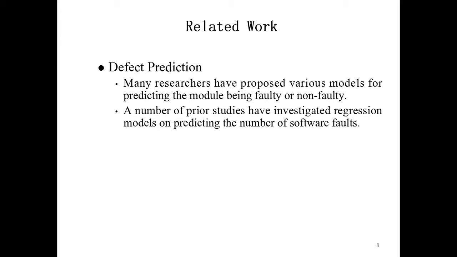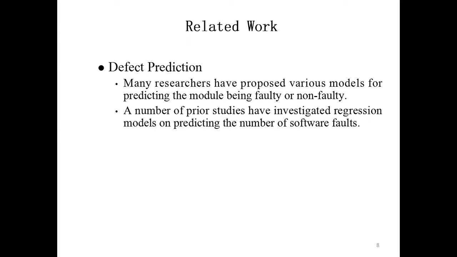Defect prediction. Many researchers have proposed various models for predicting whether a module is faulty or non-faulty. Support vector machines, neural networks, decision trees, and Bayesian methods paved the way for classification-based methods in the field of defect prediction.